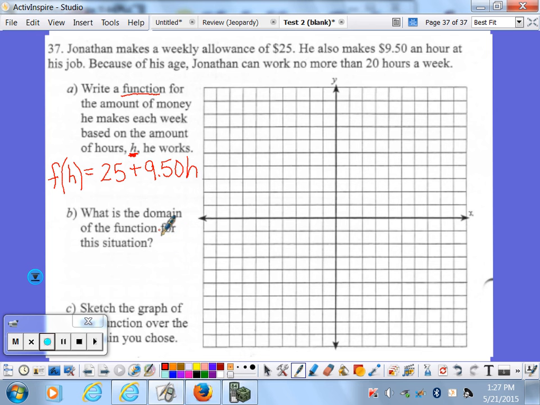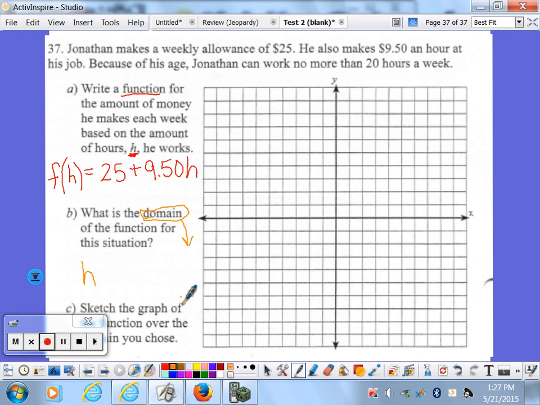B asks for the domain of the function. So remember, domain is your x values, your inputs. In this case, we're not using the letter x, we're using h. So I want you to think of what are the only types of numbers that we are allowed to plug in for h. Can we plug in any number we want, or are we limited? So you're going to write h and then write some sort of inequality that represents the domain.